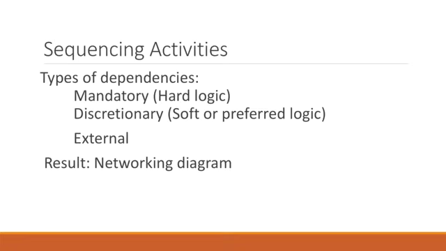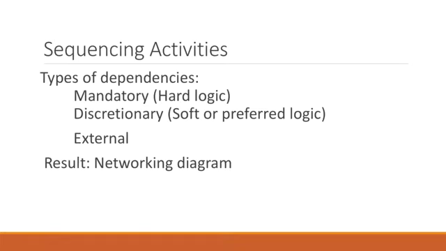That's the external dependency. So we have the mandatory one, which is logic that you cannot change; the discretionary one, which you could decide whether or not to do; and the external ones, which you cannot control but will definitely influence your project.